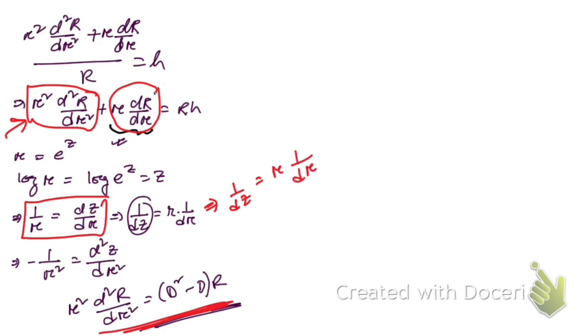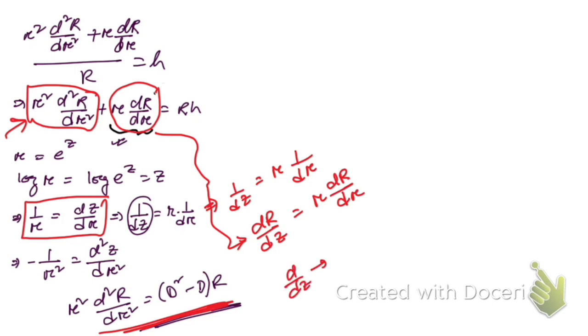So here you can see that dR by dz, that's gonna be equal to r dR by dr. That's what we will get. So that's why in this equation this term can be replaced by this value, right? dR by dz, which can be written as, if you replace the dz by capital D, then we can write this one as r capital D R, okay?